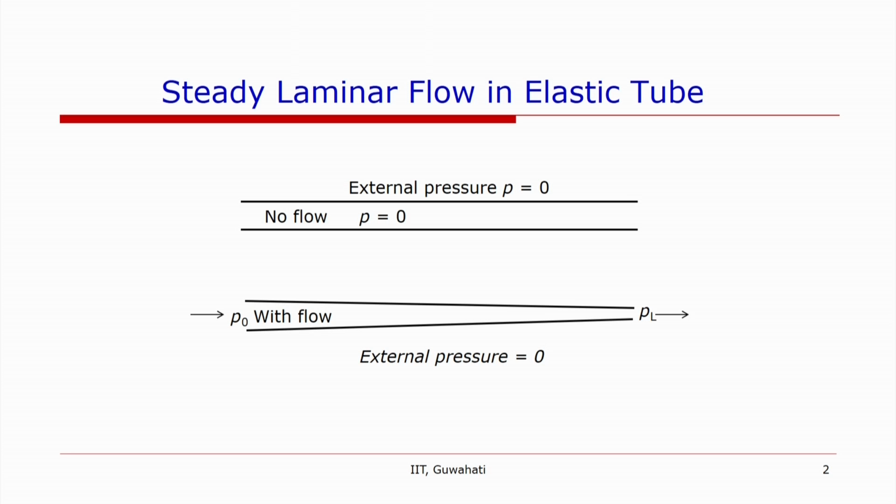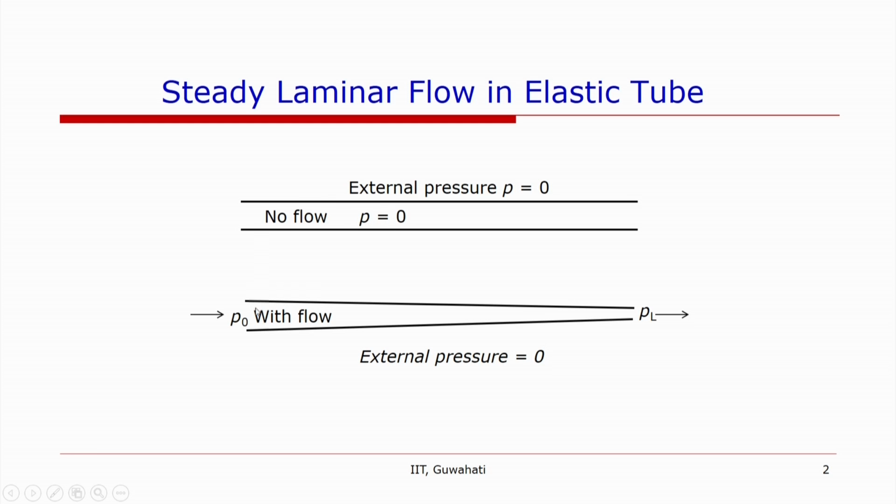Okay, so let us look at the first case, when the flow is steady and laminar in elastic tubes. As you can see here, initially these are the boundaries of the channel. If the channel is cylindrical and there is no flow, then there is no deformation in the walls of the channel. The pressure inside and outside the channel is the same. Let us say the reference pressure is 0 for both the external and internal pressure.